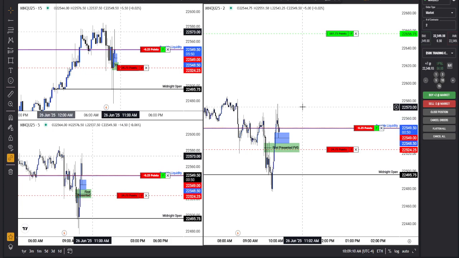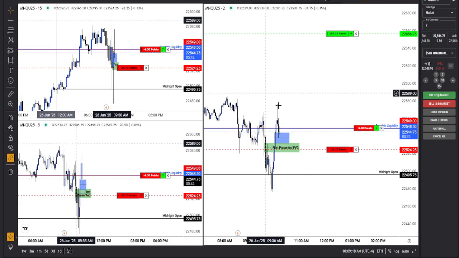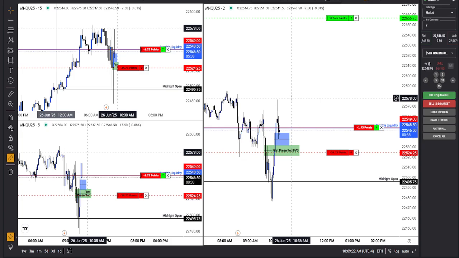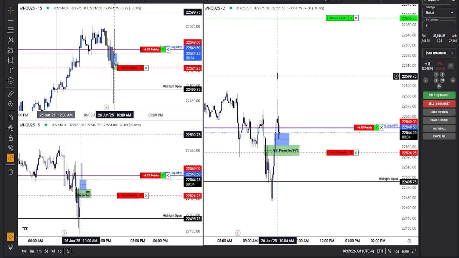But we still gotta be able to adjust, especially at around all-time highs. It just wants to push higher. It's not even trying to drop. It's just staying up there.